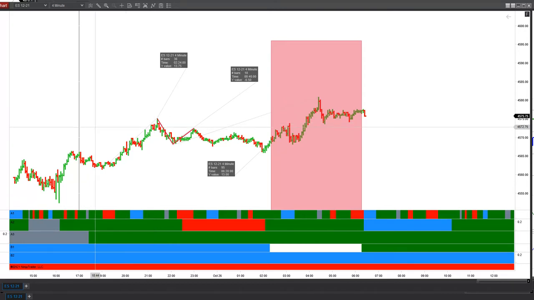So I'm taking those two swings and then projecting that off of this low using the triangle math formulas in the triangle math chapter of the book. I have a target of 14 and a quarter points from that low there, and the high in the Vedic time window came in here at 13 points.